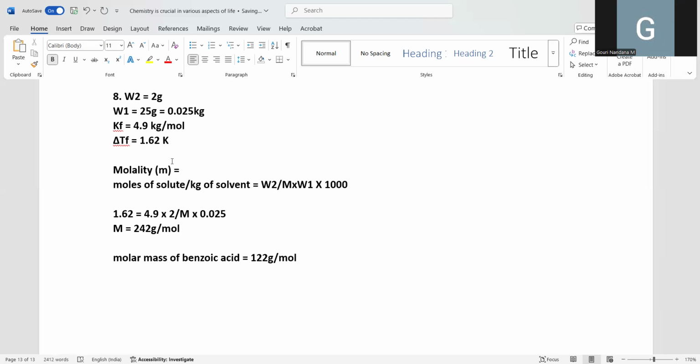So here it is said that benzoic acid dimerizes, which means we can say that the molar mass can become 2 into 122, which is equal to 244 gram per mole. Now, to find the percentage association, we'll use alpha.